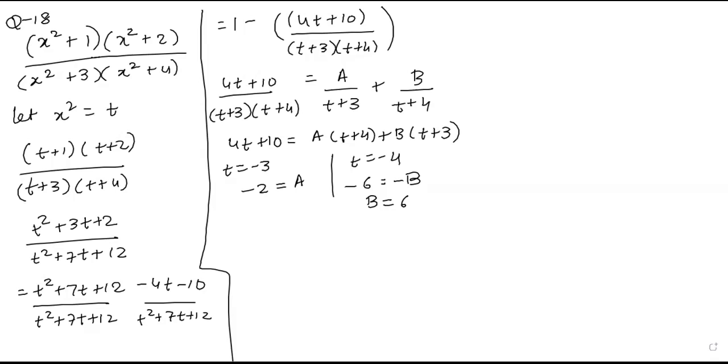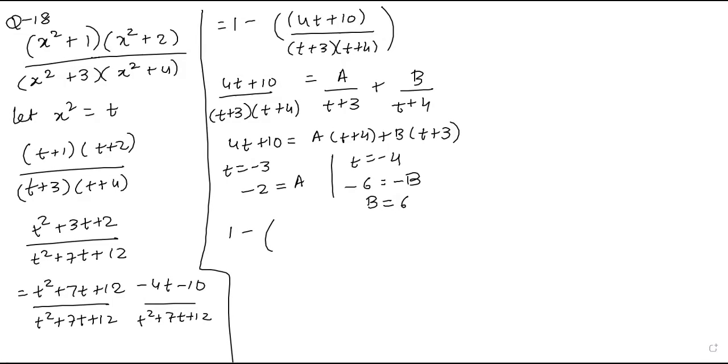So keeping this, I will have 1 minus 4t plus 10 upon this, which can be written as minus 2 upon t plus 3 plus 6 upon t plus 4.